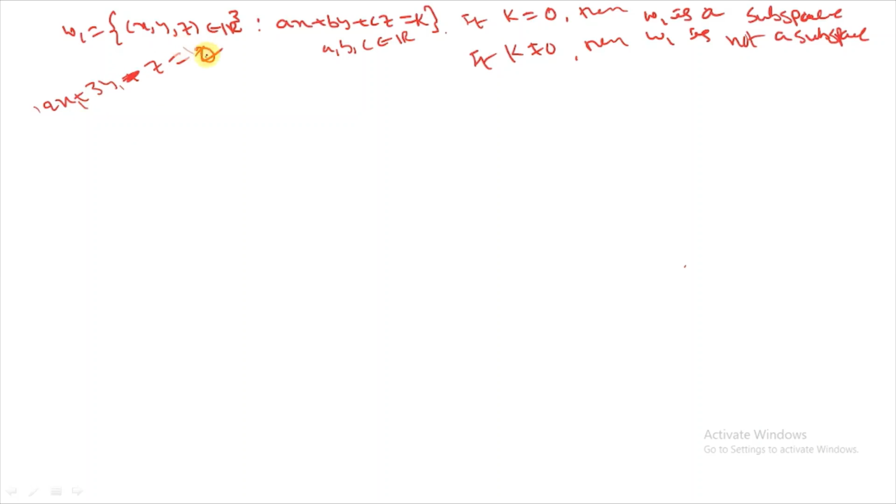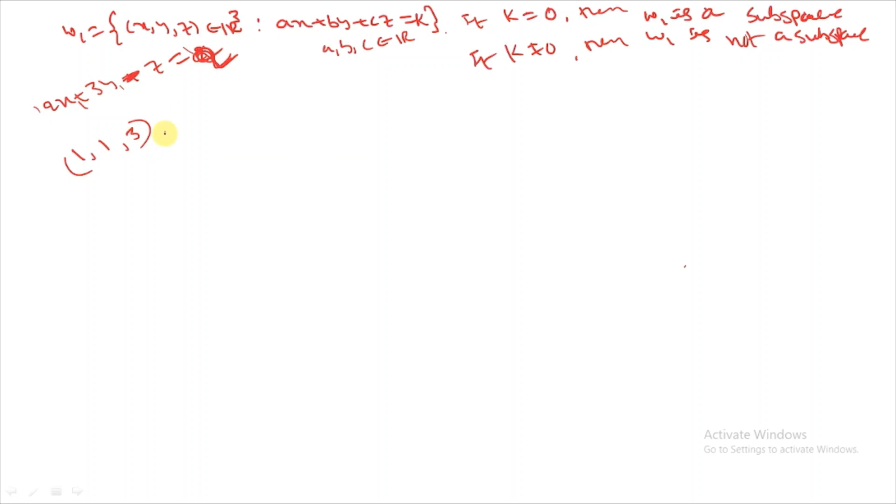Suppose it's non-zero, suppose here 2 is there. Now take any two elements that satisfy this condition. Suppose (1, 1, 1): 2 + 3 is 5, 5 minus 3 is 2, equal to 2.